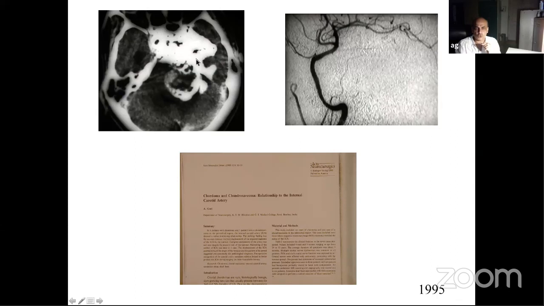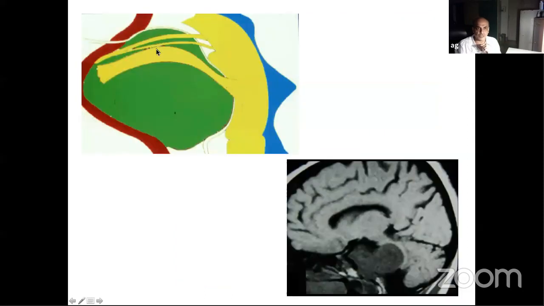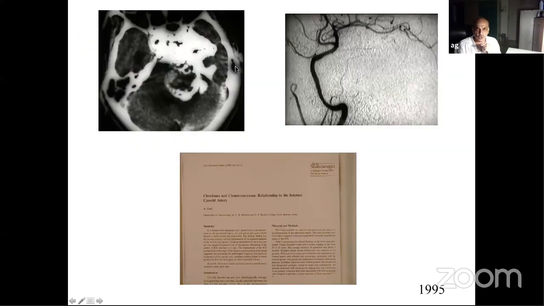You must also know that when you are operating on the cavernous sinus, the cranial nerves of the cavernous sinus are displaced on the dome of the tumor. So when you are operating on this tumor, there is not a single cranial nerve in this vicinity. Having this information has very great implications during your surgical performance.